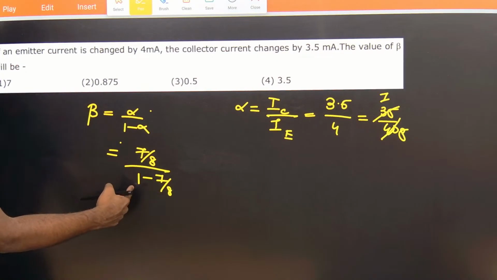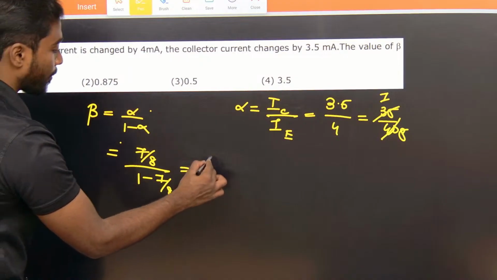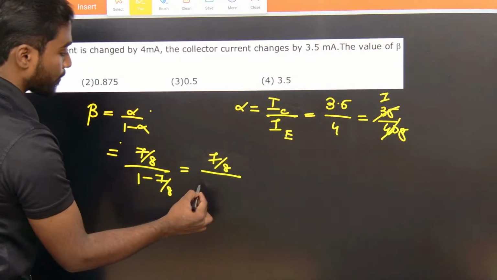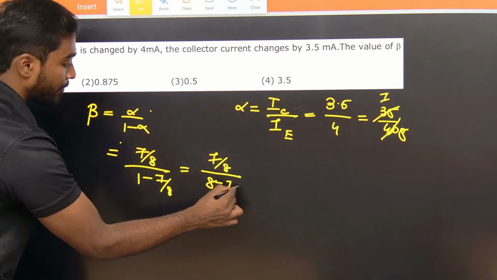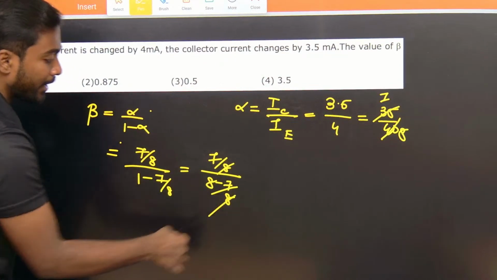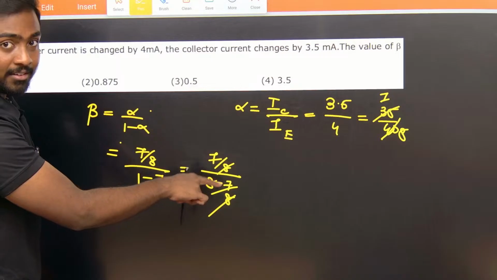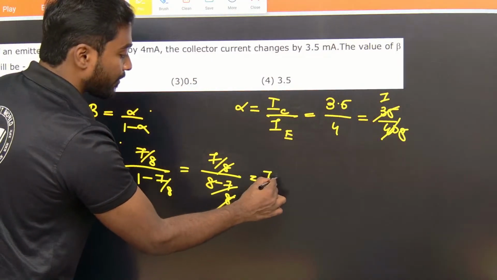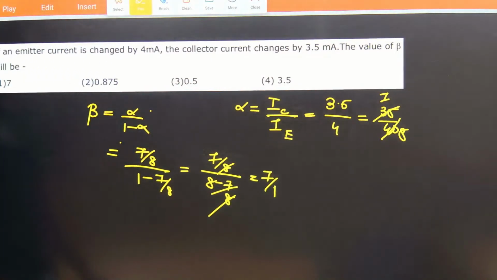So 1 minus 7 by 8, if I take the LCM for the denominator, it will be 8 minus 7 by 8. So 8 will get cancelled. 8 minus 7 is 1. So which is nothing but 7 by 1. So option 1 is the answer.